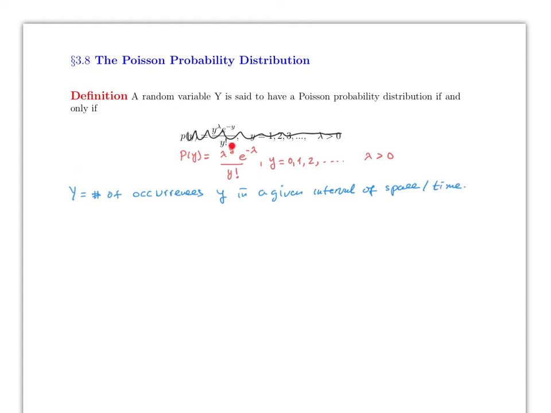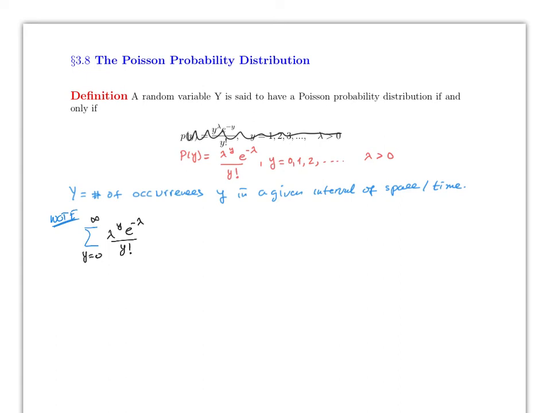Now, since this is the density or mass function for this random variable, when you do the sum of everything, it should equal 1. So this is a good exercise to check. If you add from 0 to infinity of lambda to the y, e to the minus lambda over y factorial, this should be equal to 1.